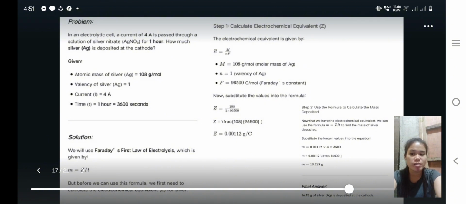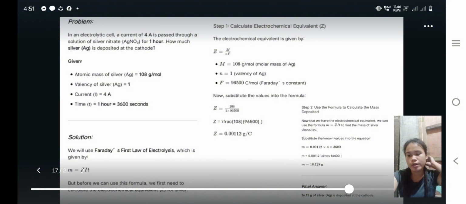So given is the atomic mass of silver, 108 grams per mole, and the valency of silver is 1, and the current is 4 amperes, and the time is 1 hour, equivalent to 3,600 seconds.